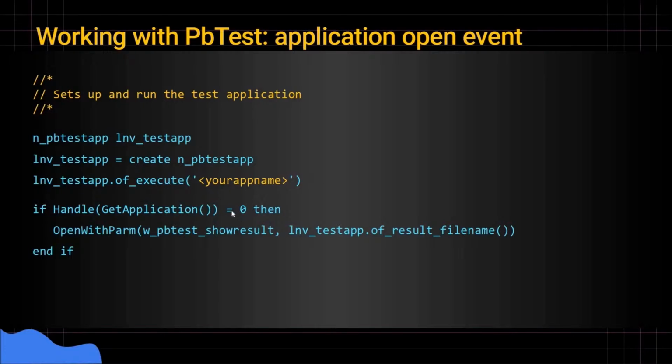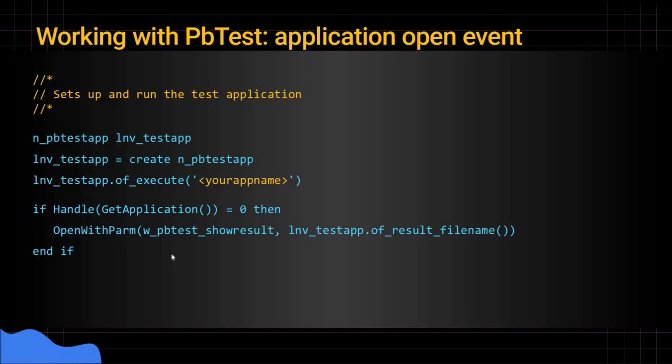And if we want to graphically display the results, we can open the PbTest show result window. I usually do this when I run the testing application inside the PowerBuilder IDE. So we test if GetApplication equals 0, that is, if we are in the PowerBuilder IDE, we will open the window with the results.